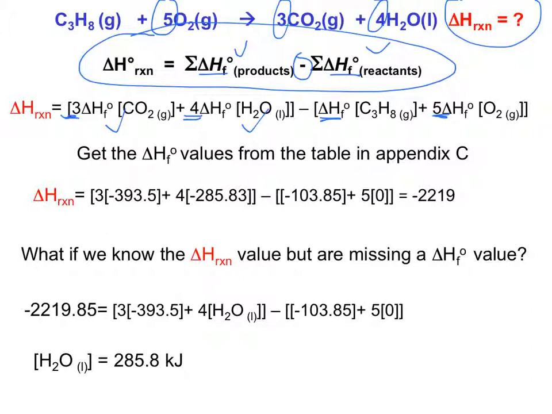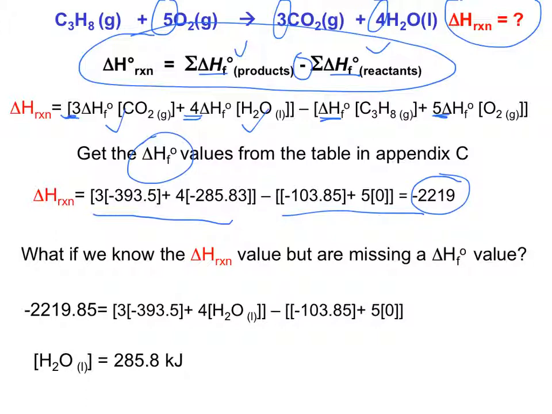So I'm going to get these enthalpy of formation values from Appendix C, just like we did in the previous example, and we're going to plug those numbers in. Okay, you plug them in, right, do the math, and you subsequently get your delta H of reaction value.